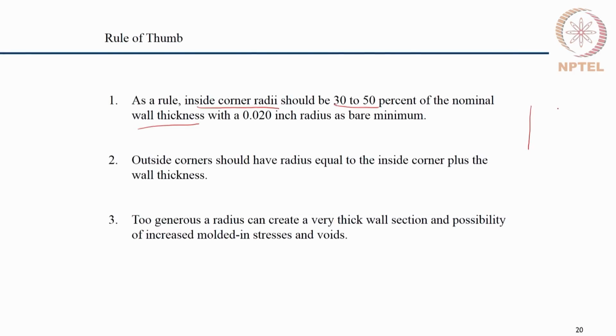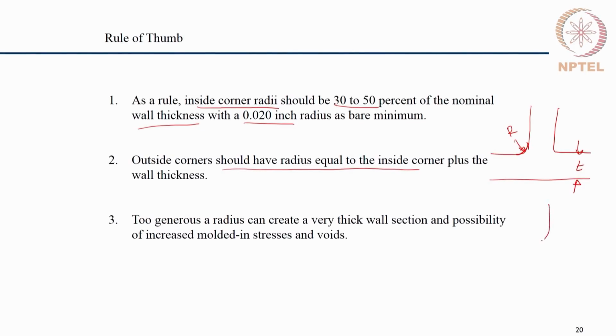Say if the normal wall thickness is T, the corner radius R has to be about 50% of this value. There are some suggested minimum values. Outside corners should have a radius equal to the inside corner radius plus the wall thickness.